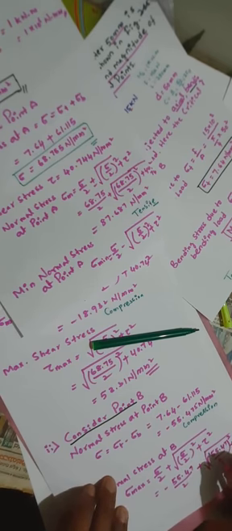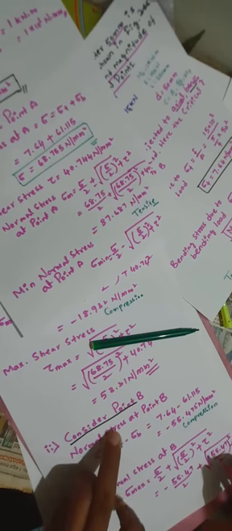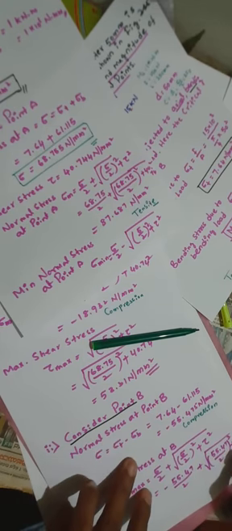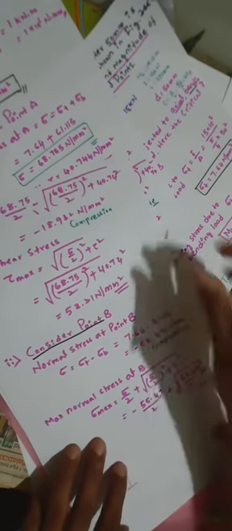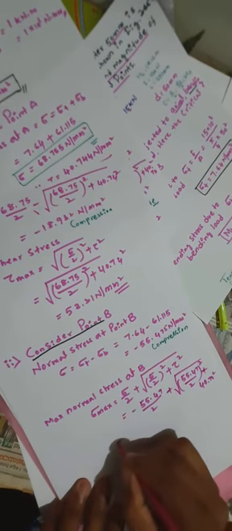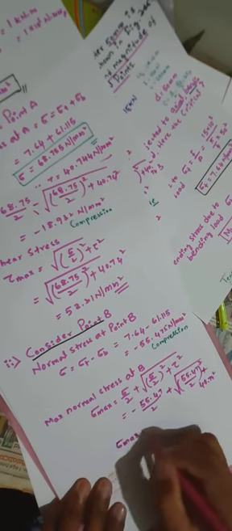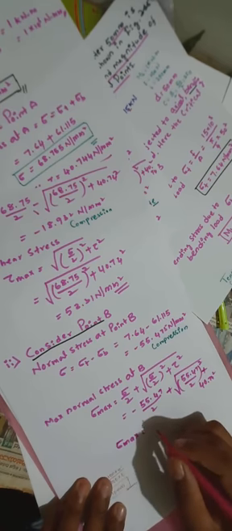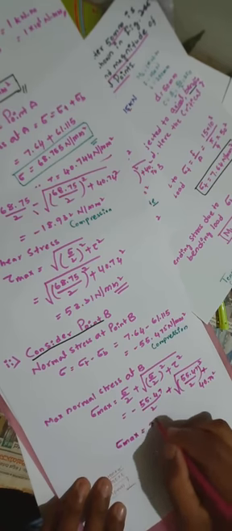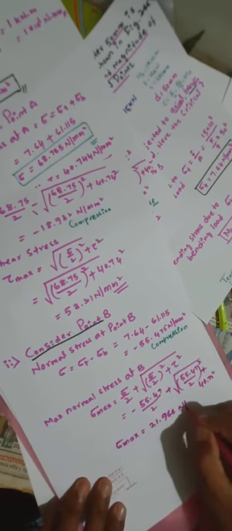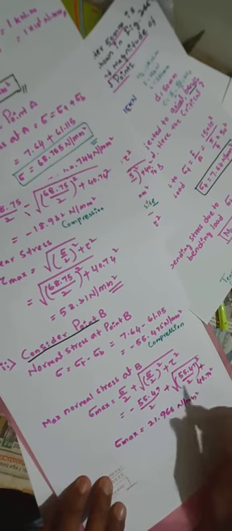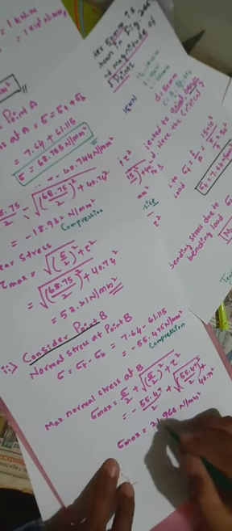The shear stress at point B is the same, 40.74 square. If you simplify, you will get sigma maximum is equal to around 21.966 Newton per mm square, with respect to tensile.